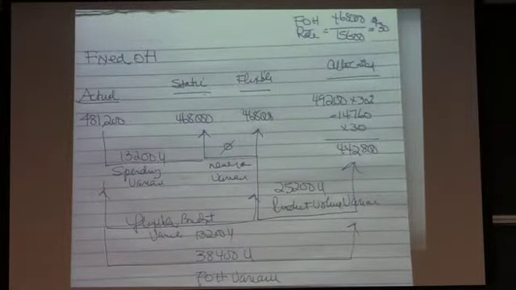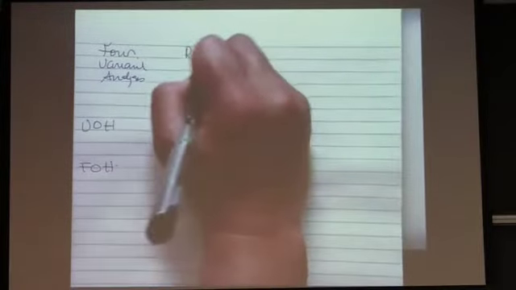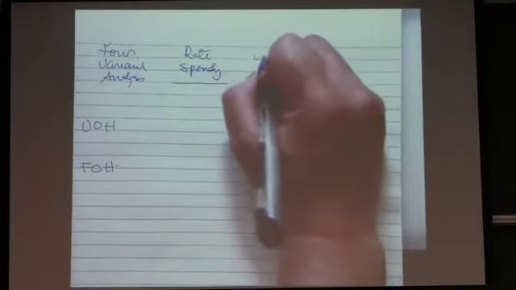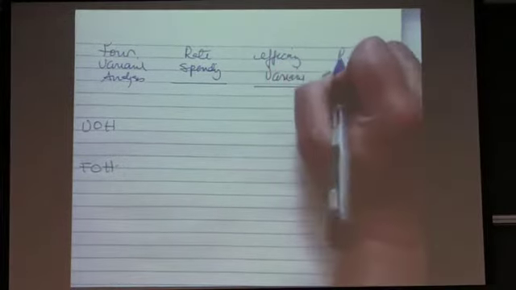The second part requires us to now journalize these variances. So maybe what I need to do is set up what they call a 4 variance analysis. Okay, so I want to put variable overhead and fixed overhead. I want to summarize the rate or spending, analyze the efficiency, and the product volume.